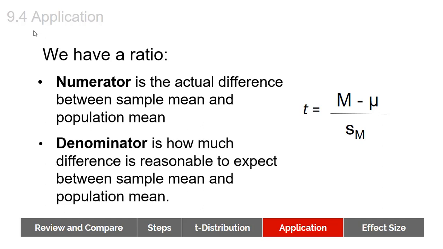And the denominator is how much difference is reasonable to expect between the sample mean and population mean just based on random error. So the numerator is our reality. It's the data that we have in hand. And the denominator is what we would expect. It's kind of like the ideal, what we think is going to happen in terms of how much our mean would be different from the population mean.